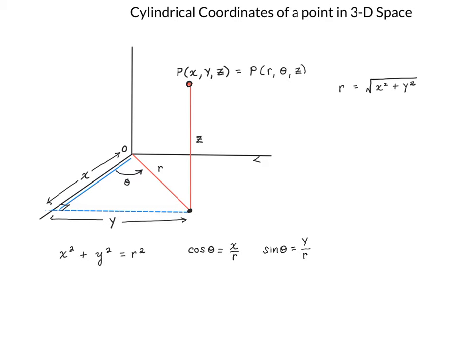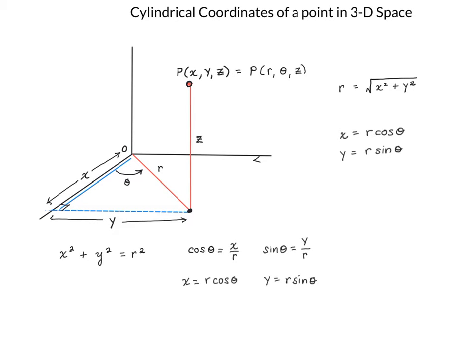And if we solve for x, we get x is equal to r cosine theta, and if we solve for y, we see that y is equal to r sine theta. So we can write this down. This is for our conversion. x is r cosine theta, and y is r sine theta.